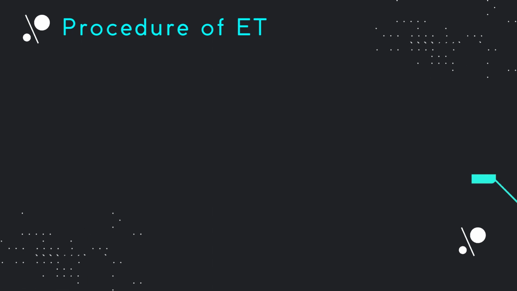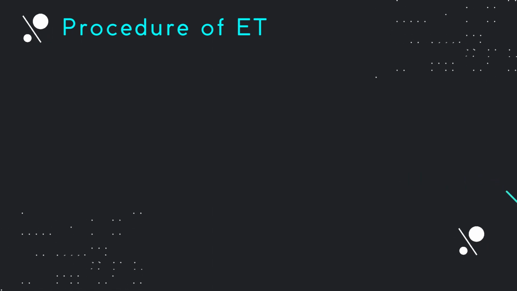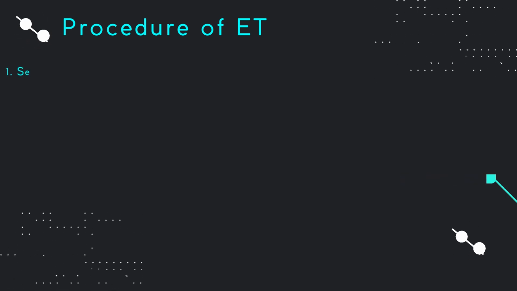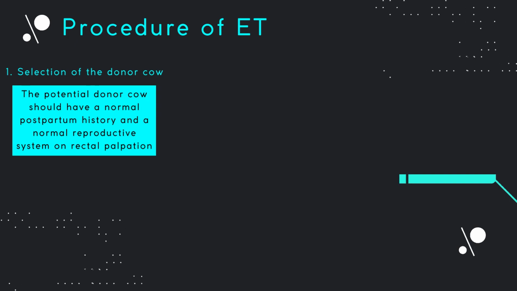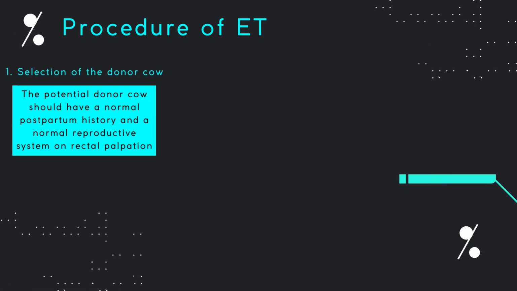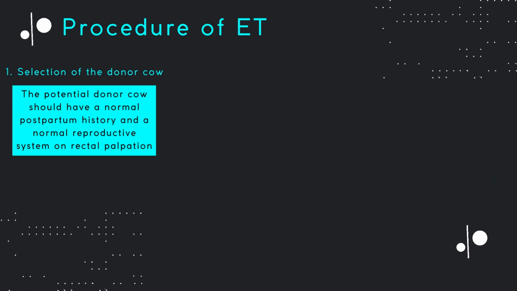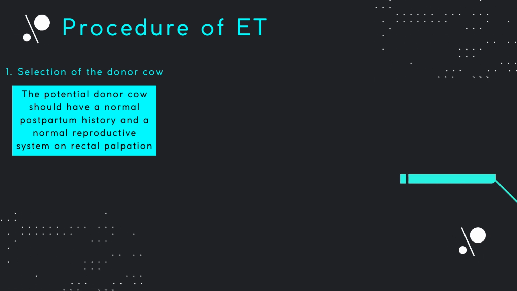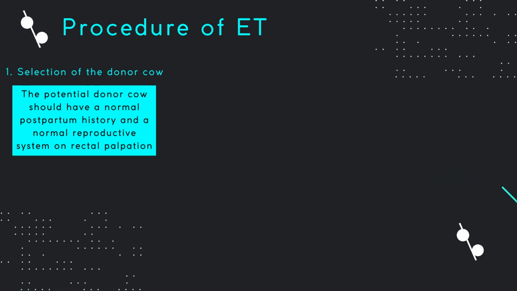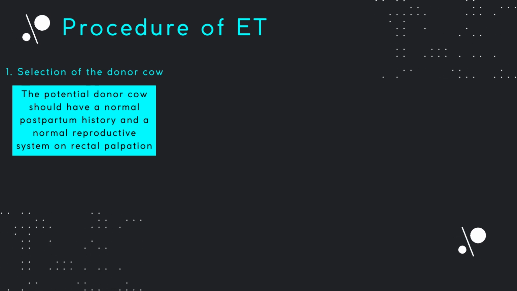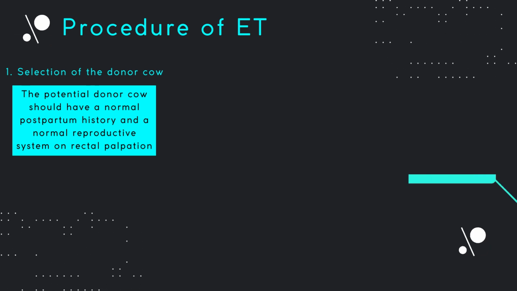Alright, now we move to the procedures of embryo transfer. The first step is to select a donor cow. The potential donor cow should be reproductively sound to produce maximal results. This means that the cow should have a normal reproductive tract on rectal palpation and have a normal postpartum history, especially with regard to a cycle length of 18 to 24 days.